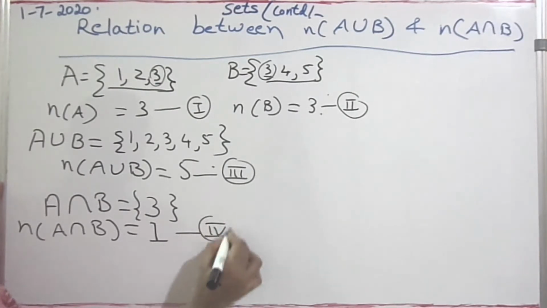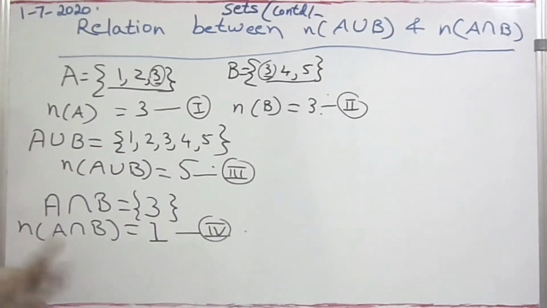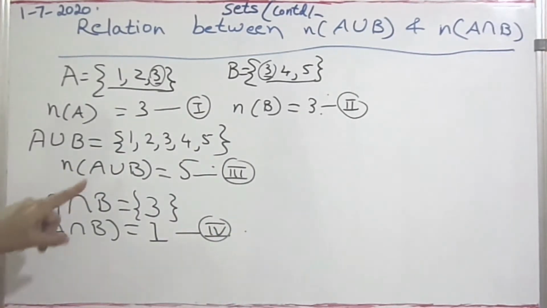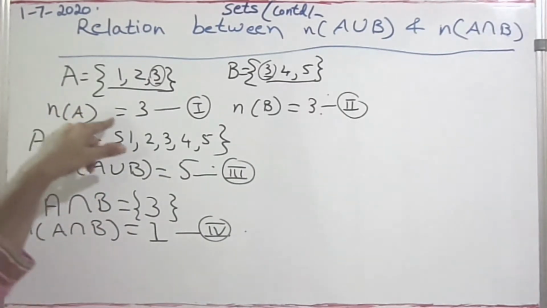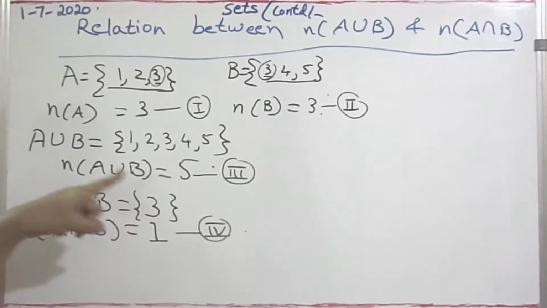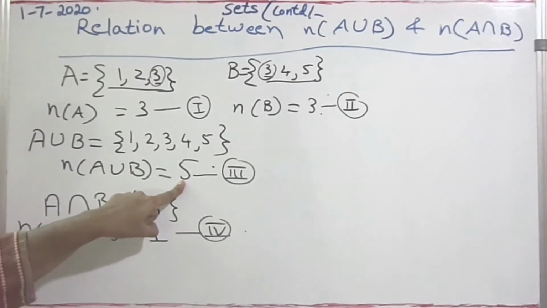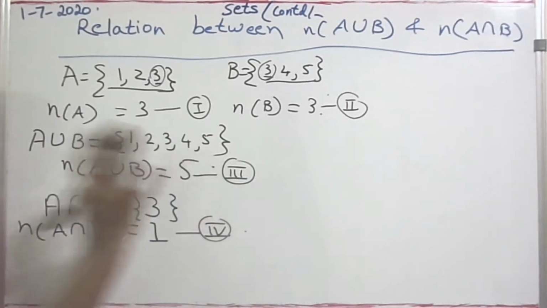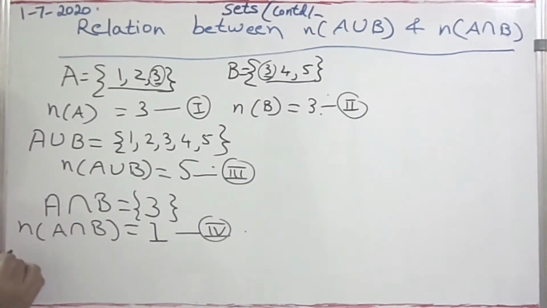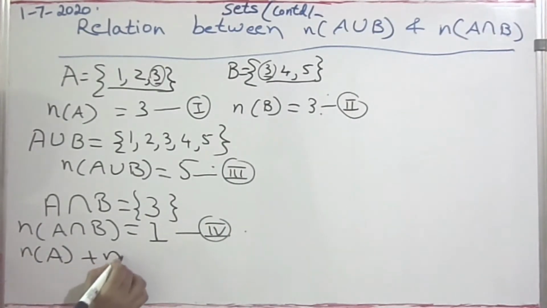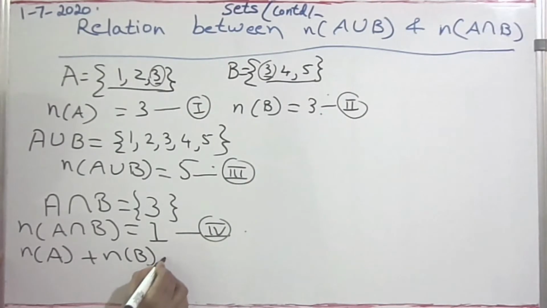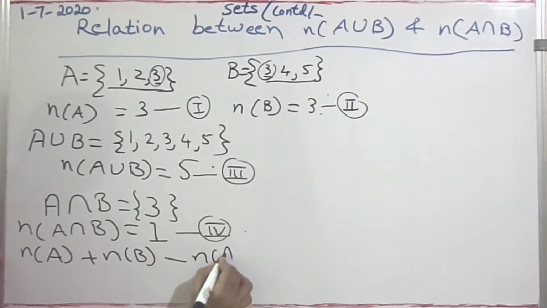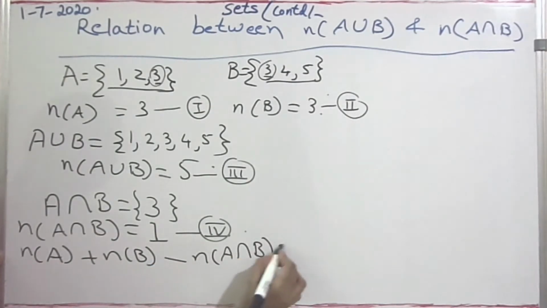Now we have to find a relation between A union B and A intersection B. From A union B, A intersection B, A and B, the biggest number is 5. So A union B is 5. Now let us take the number of elements in A plus the number of elements in B minus the number of elements in A intersection B. How much do we get?